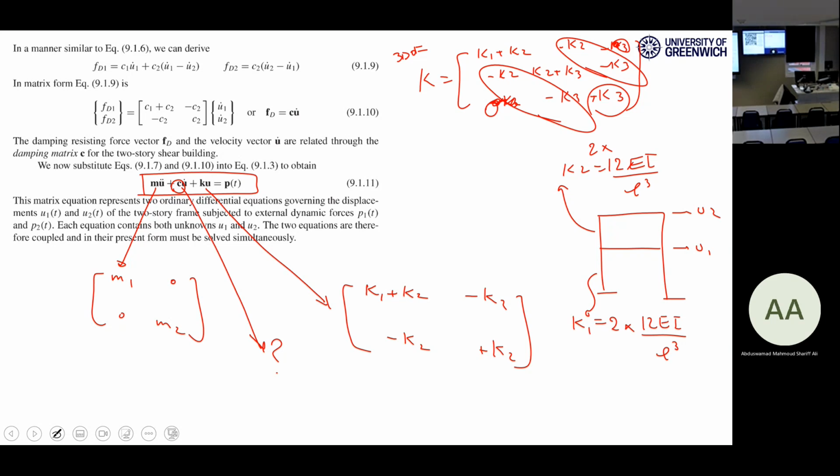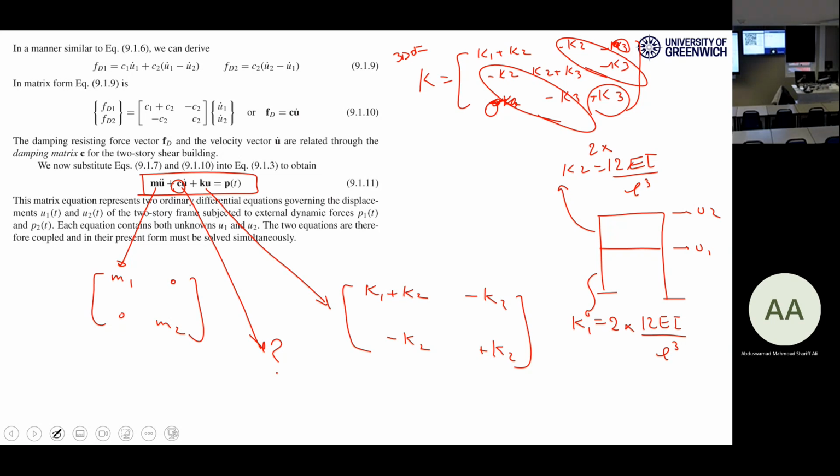So the whole term C u dot is a very small value in comparison with M u double dot and K u, generally. It means the second term, C u dot, is not a big deal when we compare it with the 2 adjacent terms. So it's probably not a big deal if I assume some sort of simplification with this middle term.